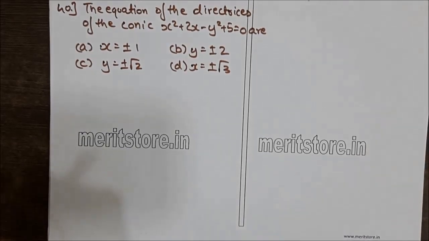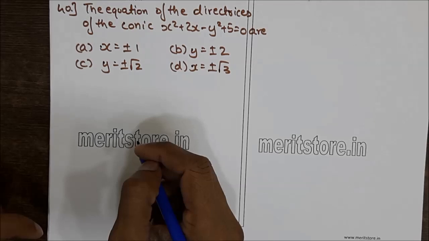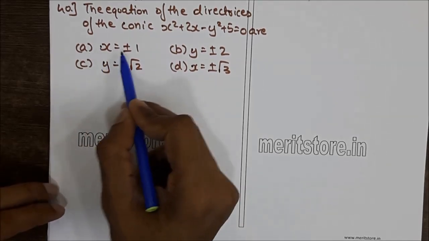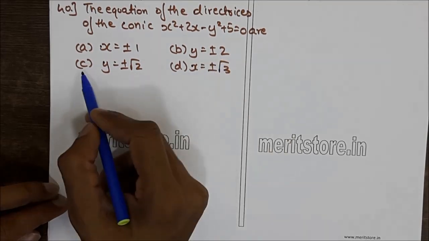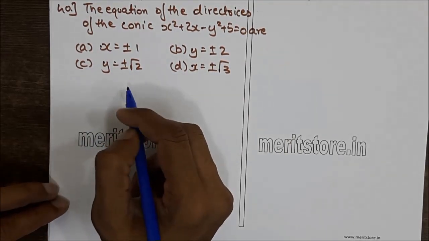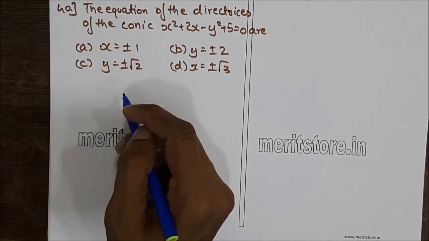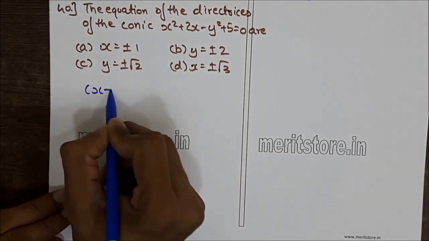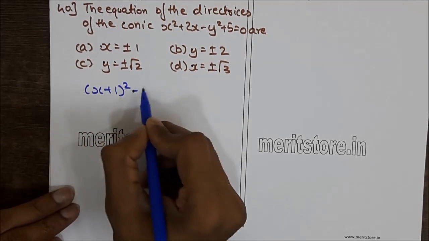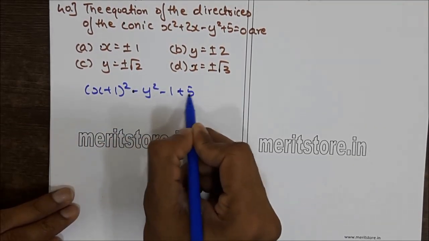Question 40. The equation of the directrices of the conic x square plus 2x minus y square plus 5 equal to 0 are? Options: A x equal to plus minus 1, B y equal to plus minus 2, C y equal to plus minus root 2, and D x equal to plus minus root 3. We can write the equation as (x plus 1) the whole square minus y square minus 1 plus 5 equal to 0.